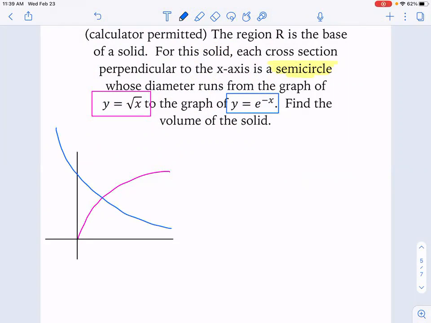E to the negative x. Perpendicular to the x-axis.